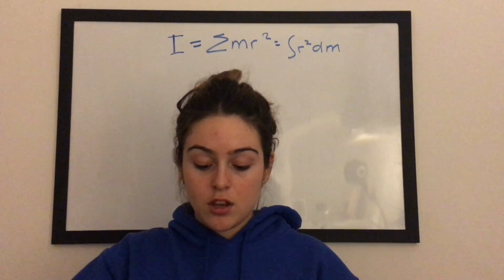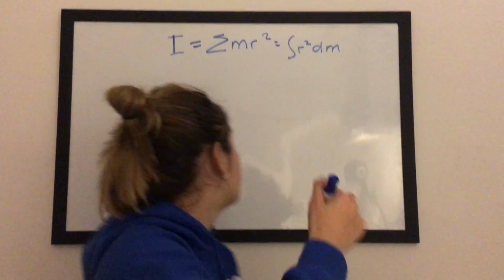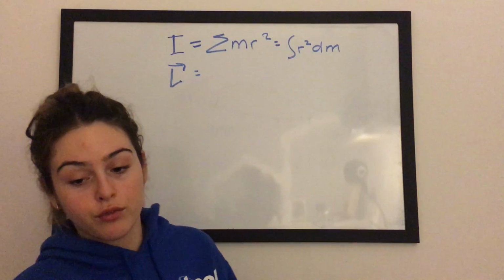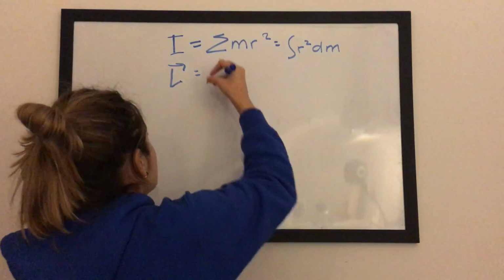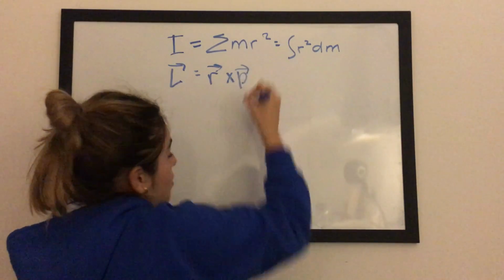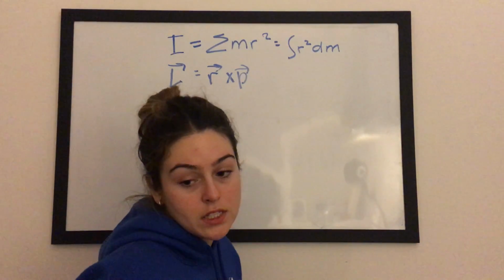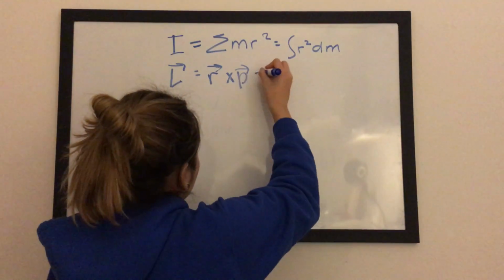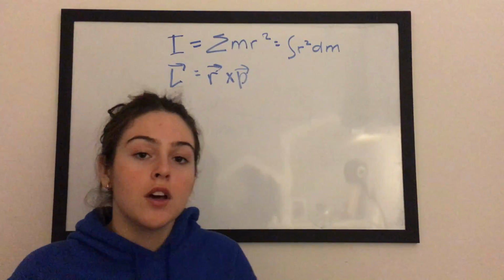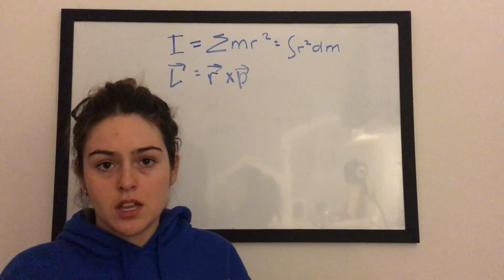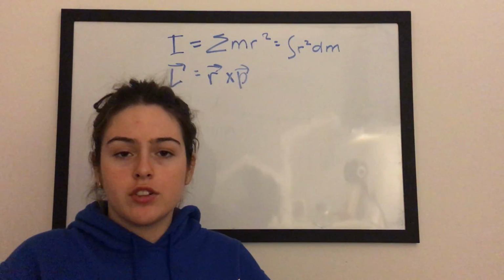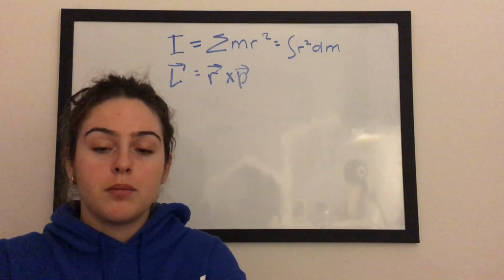It is symbolized by this, and a common formula for angular momentum is r, radius, times p, momentum, which can be simplified in various ways, but aren't super relevant to gaining an understanding of angular momentum.